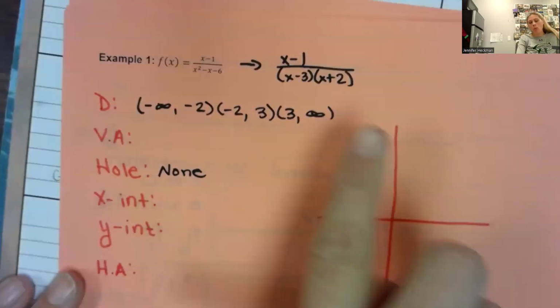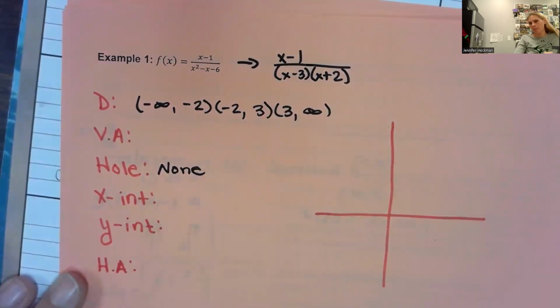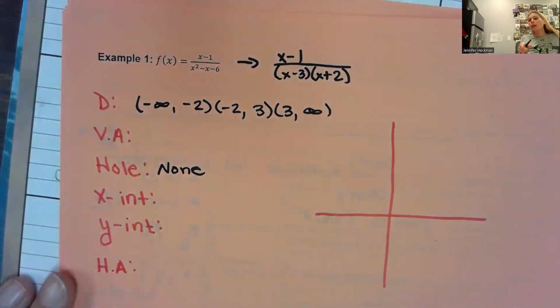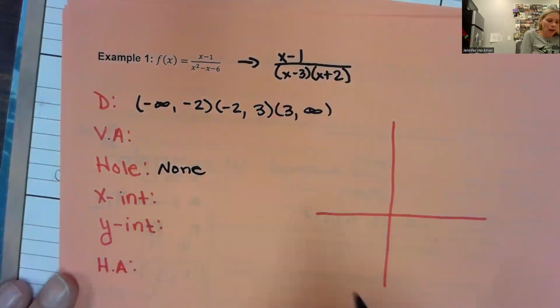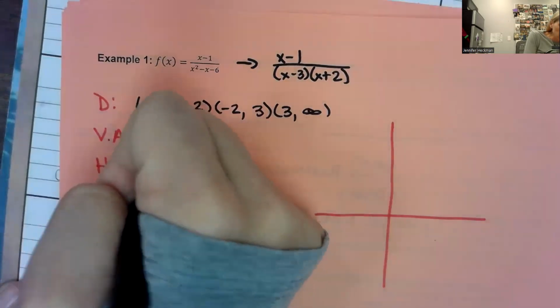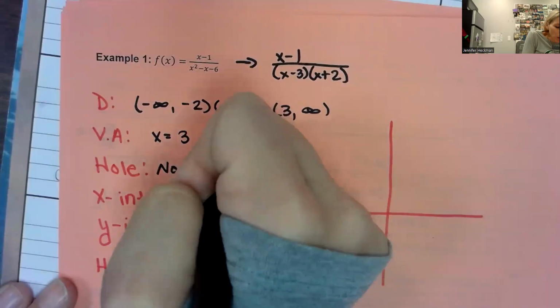Again, because what can't be here? Well, it can't be 3 and it can't be -2. Okay. Vertical asymptotes. Vertical asymptotes come from what's in the denominator, what makes the denominator 0 of the simplified. And technically this is simplified, right? So we have a vertical asymptote at 3 and a vertical asymptote at -2.